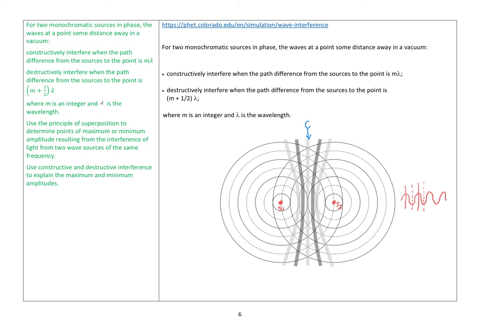Because if you look here, a peak meets a peak, a trough meets a trough, a peak meets a peak, a trough meets a trough, a peak meets a peak. These are all in phase. If we go back and think of that in phase before, whenever these waves meet, they are in phase. A peak is meeting a peak, a trough is meeting a trough. So because they're in phase, we get constructive interference.